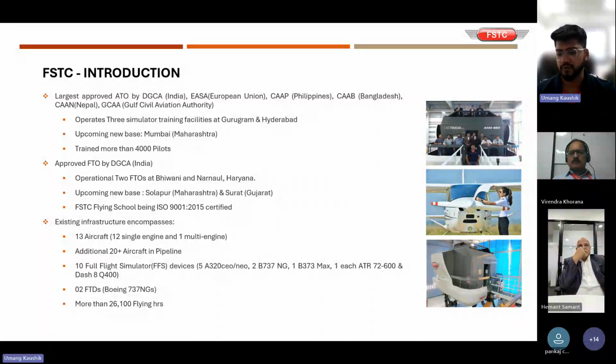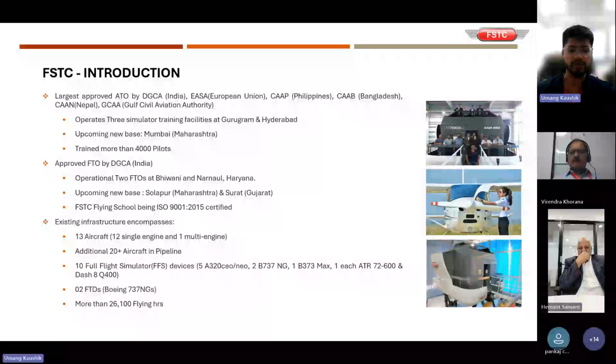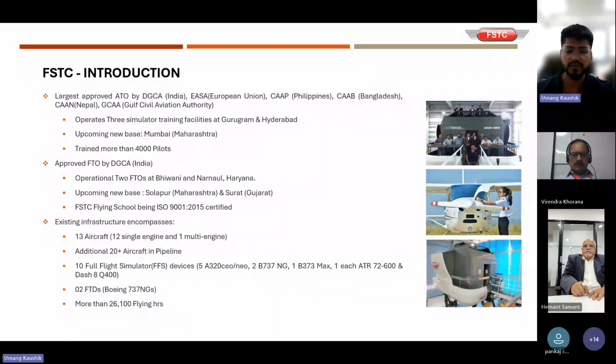We have trained more than 4,000 pilots in the last 12 years. We also have an approved FTO, which we started in 2021, with operations in 2 bases currently, Bhiwani and Narnaul, and upcoming bases in Solapur and Surat. If you are students in Solapur and Surat, you are welcome to join us when we start operations there.